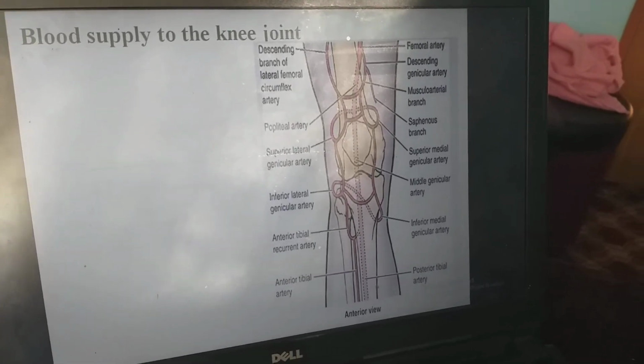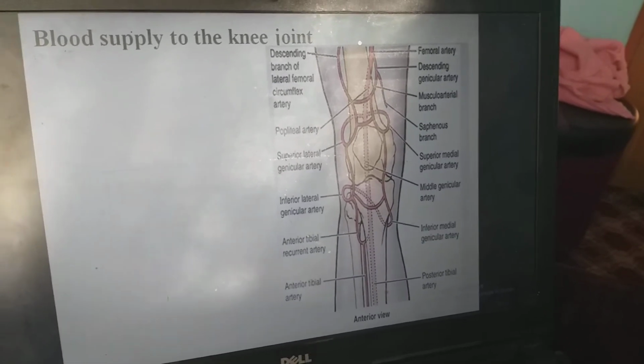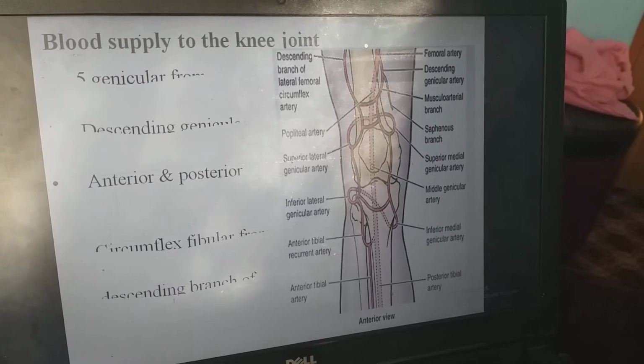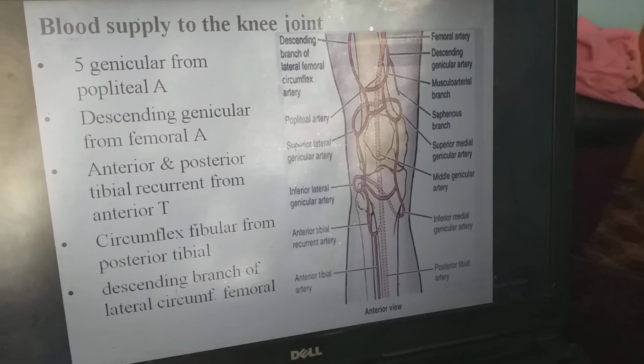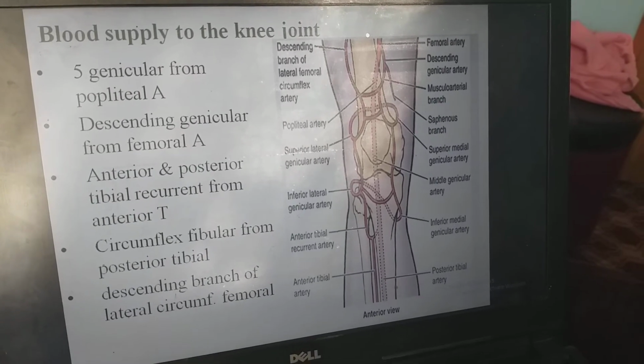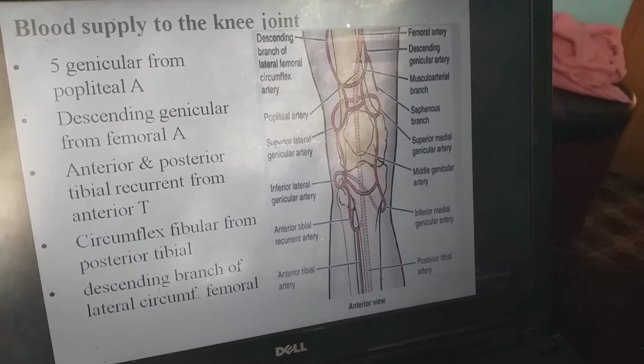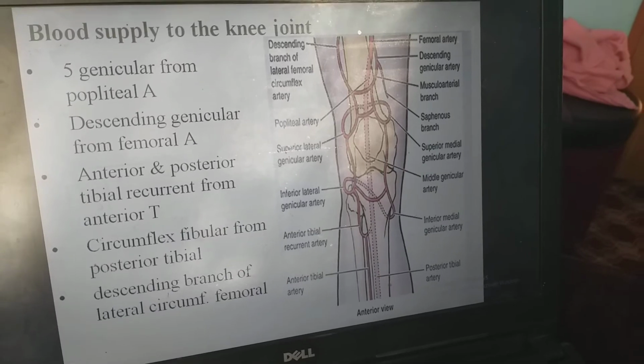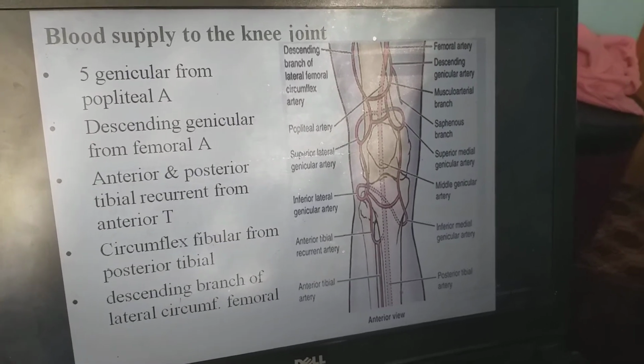What are these arteries? We have said from the popliteal artery, there are major 5 branches. These are named as the 5 genicular arteries from the popliteal: superior medial and lateral, inferior medial and lateral, and the middle genicular artery, 5 from the popliteal artery.